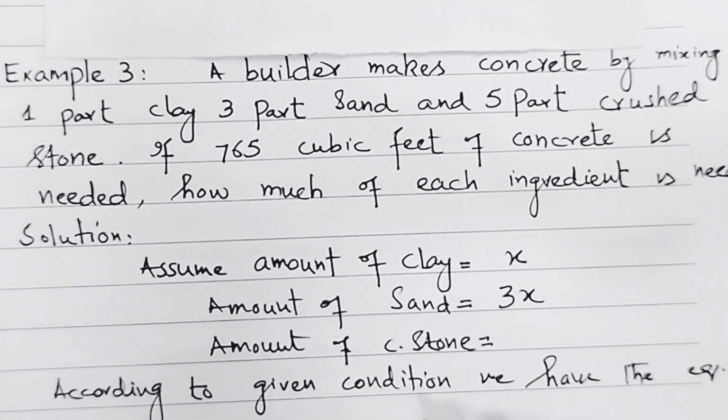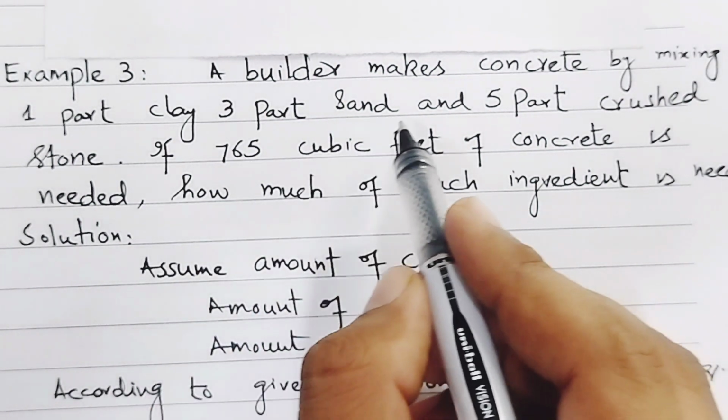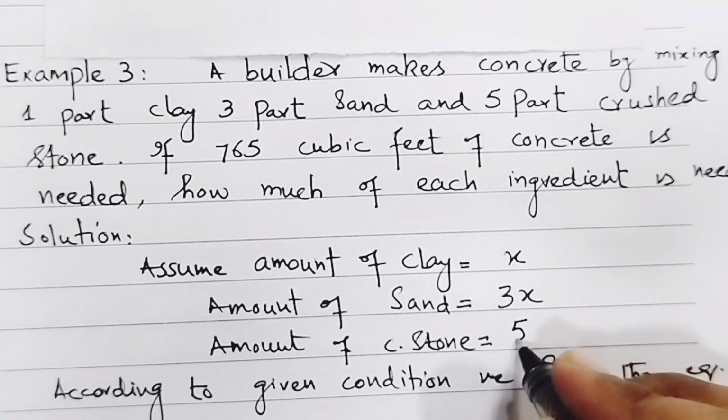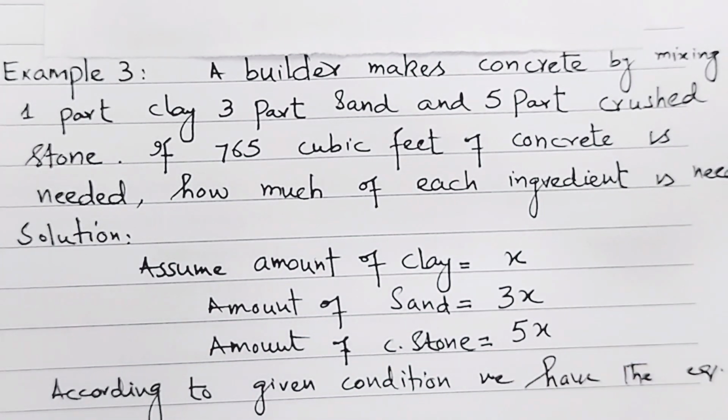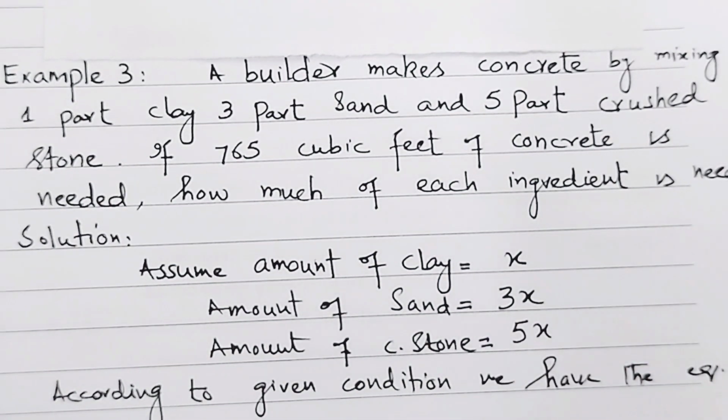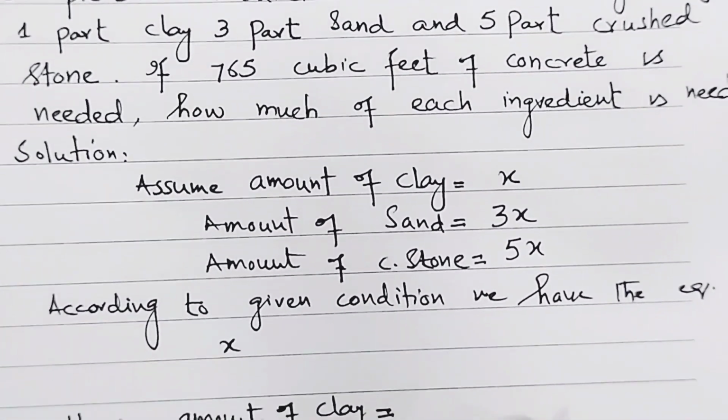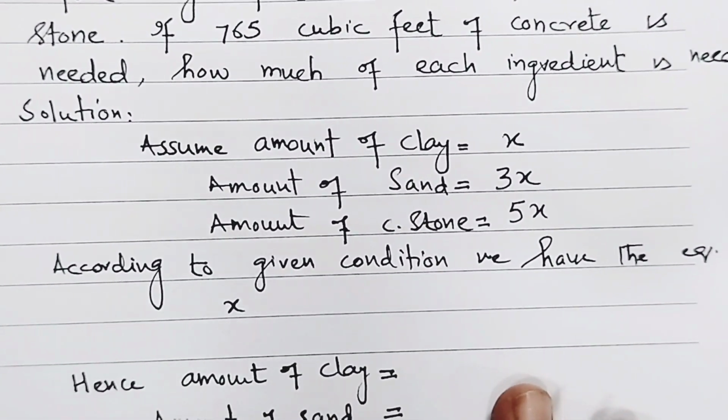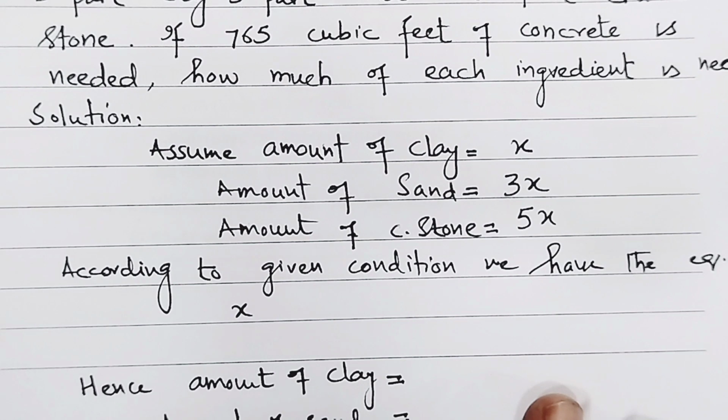And how much crushed stone? It is 5 parts, so it will become 5x. Now according to the condition, if all these ingredients are mixed up, then we have the total amount, which is equal to 765 cubic feet.